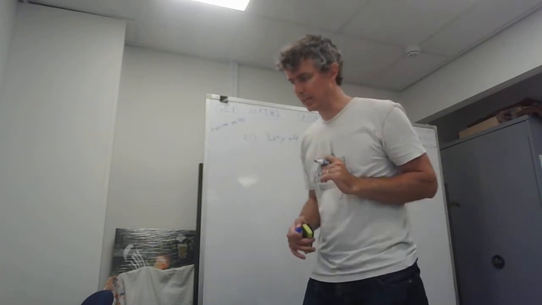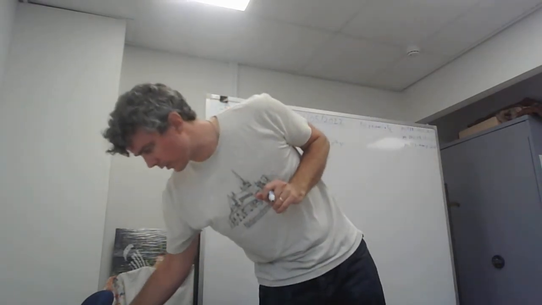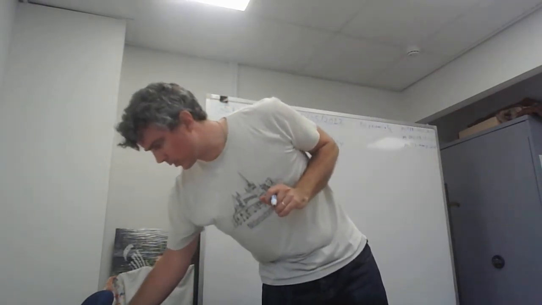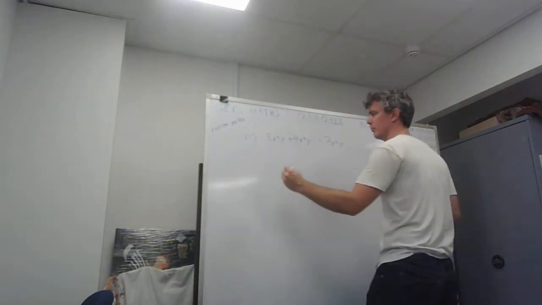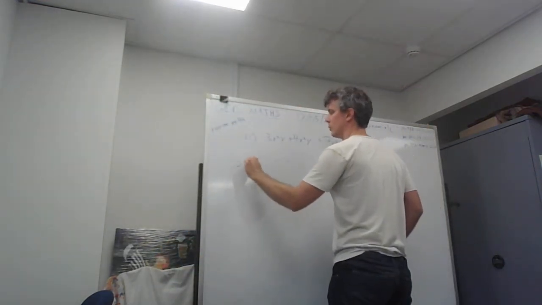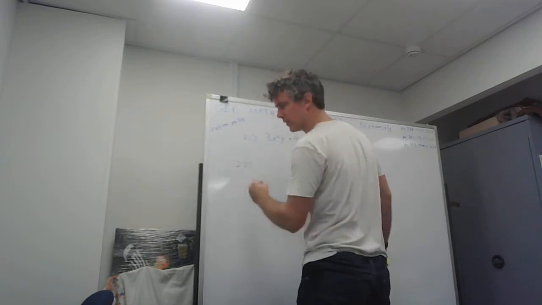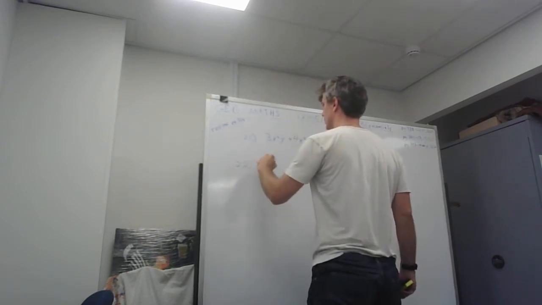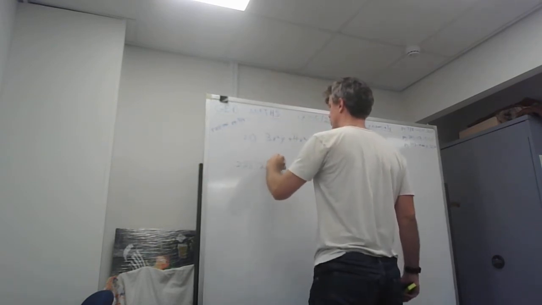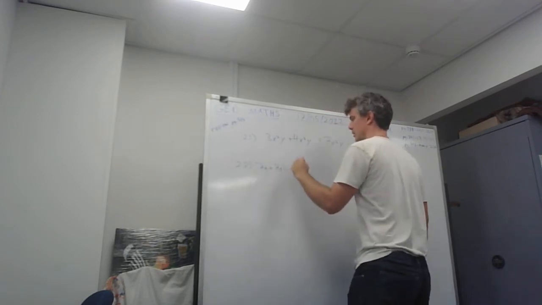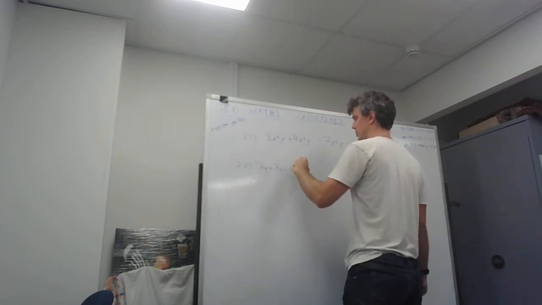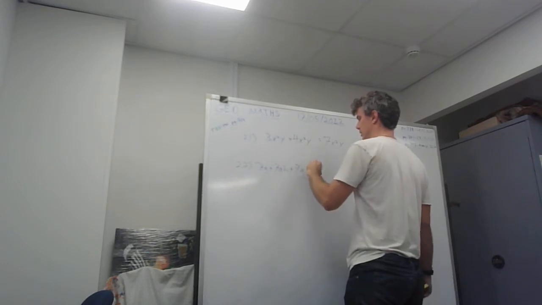Let me see if there's any others that are possibly confusing. We'll do 27 first. So 27, 7g plus 7gh plus 7gh plus 7g, plus 7gh, plus 7gh.